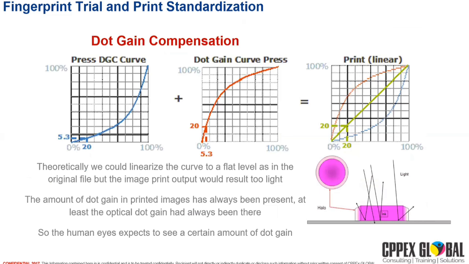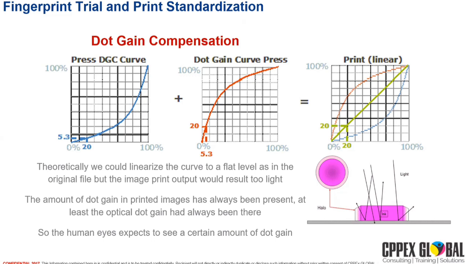Then dot gain compensation. When we compare the dot gain curves, press dot gain curves, then dot gain curves 100%, then print linears. Typically we could linearize the curve to flat levels as in the original file, but the image print output would result too light.